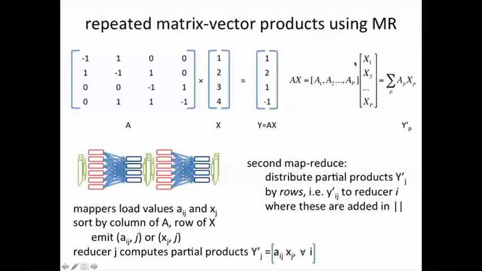It becomes A1 X1 plus A2 X2, etc. So essentially it's the sum of these partial products. The partial products are exactly what reducer P computes. So processor P computes this partial product in the first phase of MapReduce, and in the second phase, they all get added up. Study this carefully because it's important to understand how matrix vector multiplications are done using MapReduce. This is just one way. There are other more efficient ways of doing matrix vector products using MapReduce.